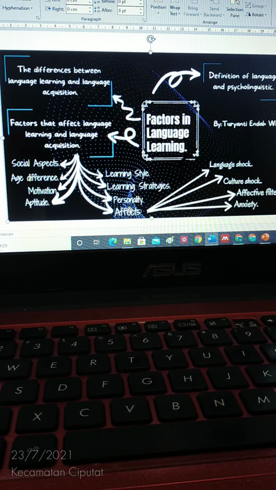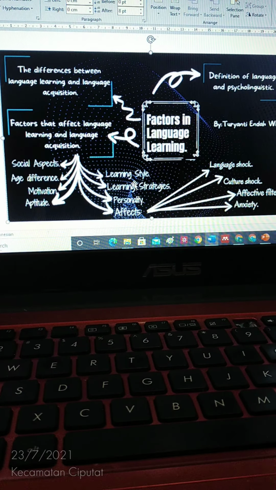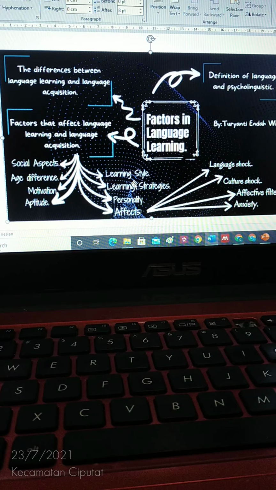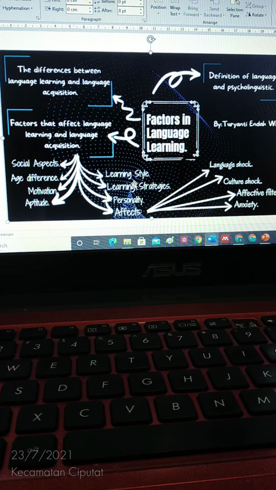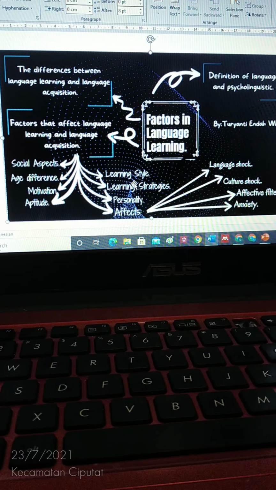So, language shock is the psychological and linguistic disorientation experienced by most people with immersion into a foreign language environment when they move for an extended period of time into a culture different from their own. It is closely connected with a wider phenomenon, culture shock. The term culture shock refers to feelings of uncertainty, confusion, or anxiety that people experience when they are transplanted into a society that is different from their own.